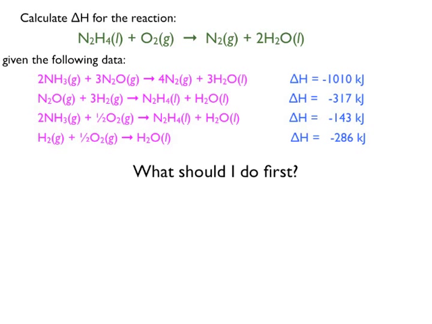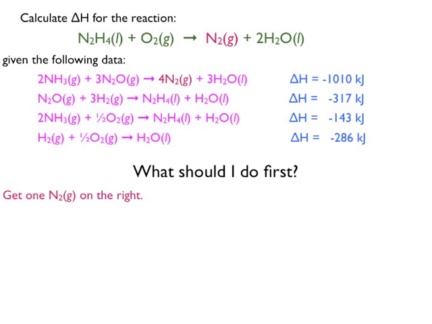So what's the one thing I can do that can only be done one way? What's the one compound that can only be put in my target equation by doing one thing? Well, the nitrogen gas, it appears only in the first equation. There's only one way to get 1 mole of nitrogen gas on the right. The first equation has 4 moles of nitrogen gas on the right.